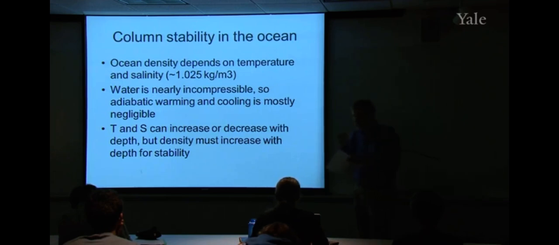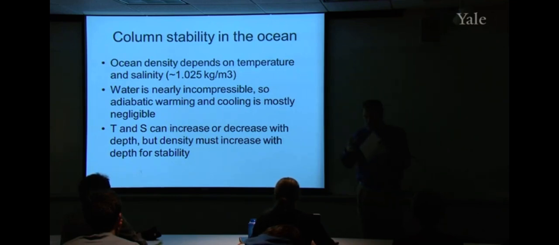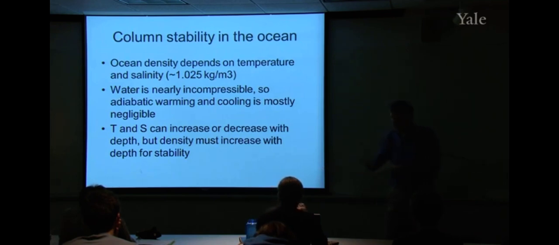It's not exactly zero, but it is so small that for many quick calculations, we ignore that volume change and that so-called adiabatic cooling or adiabatic warming as air parcels rise up and down in the atmosphere. We ignore that in the ocean. So because of these two differences, the ideas of what determines stability in the atmosphere and the ocean are significantly different.